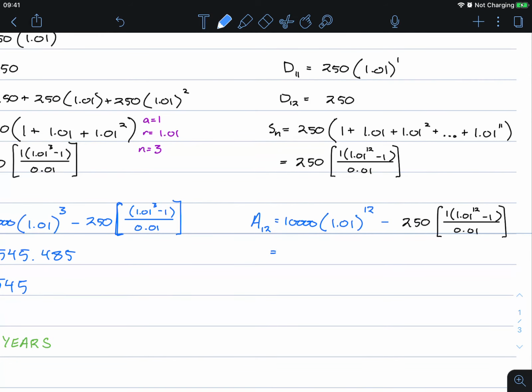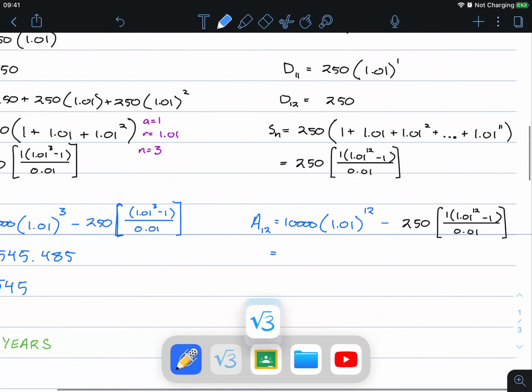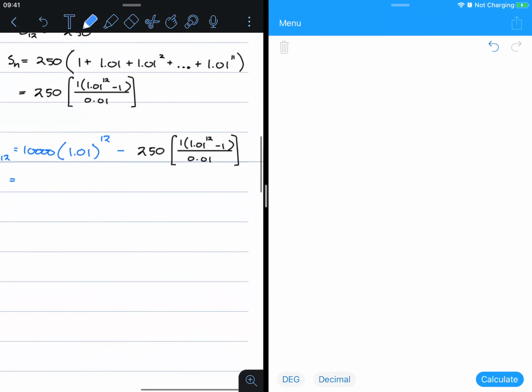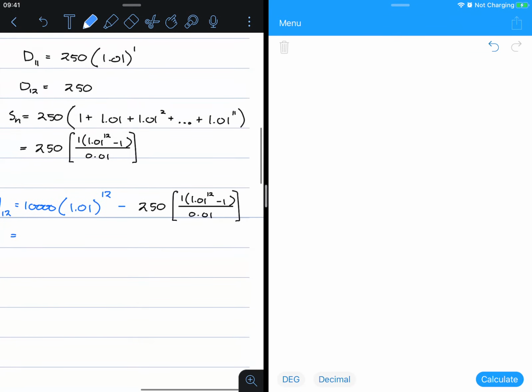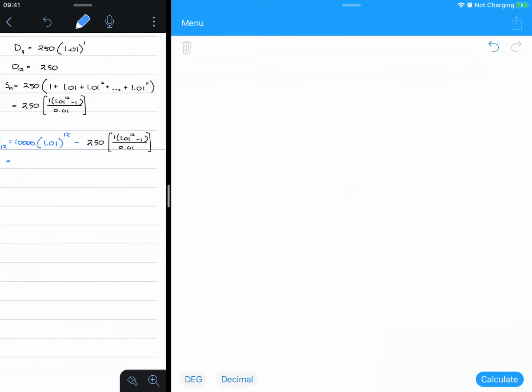And that's what we're going to be calculating in our calculator. $10,000, 1.01 to the power of 12.